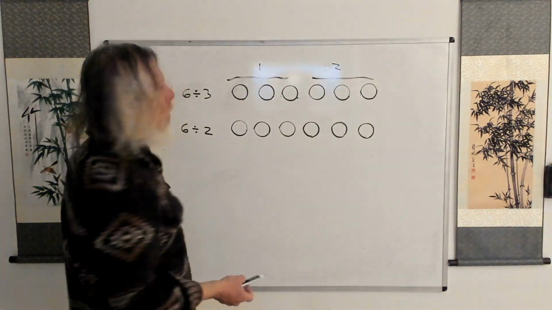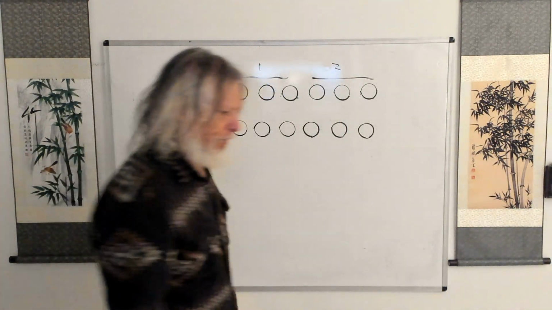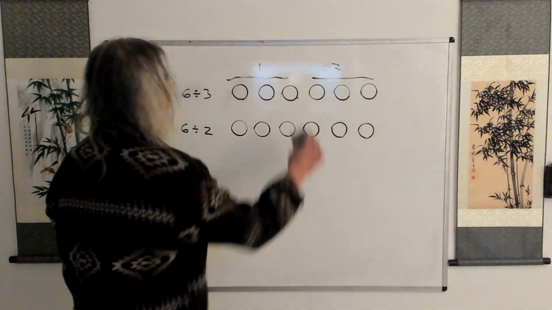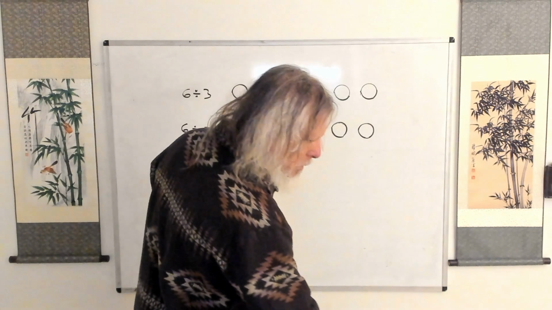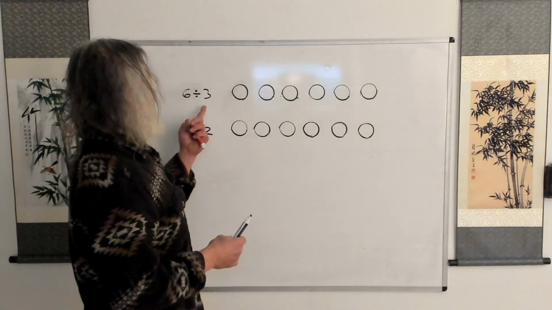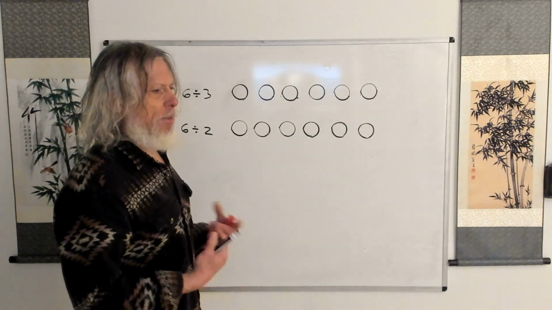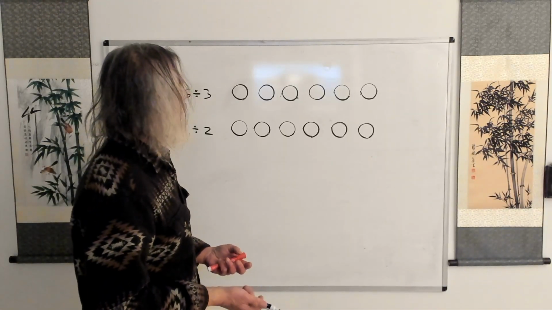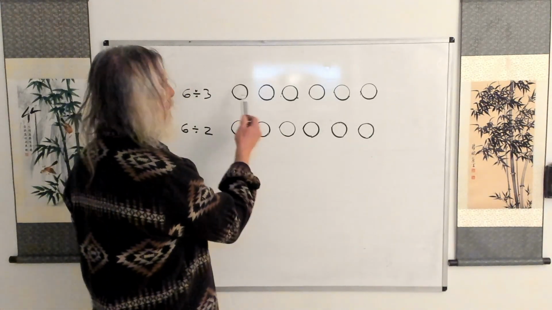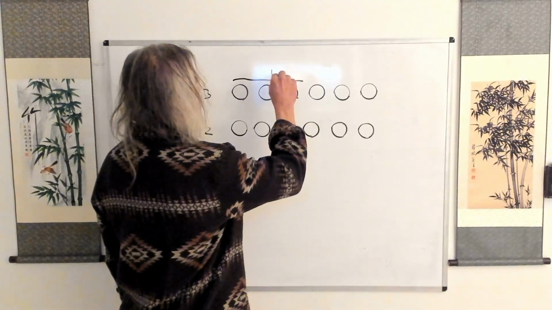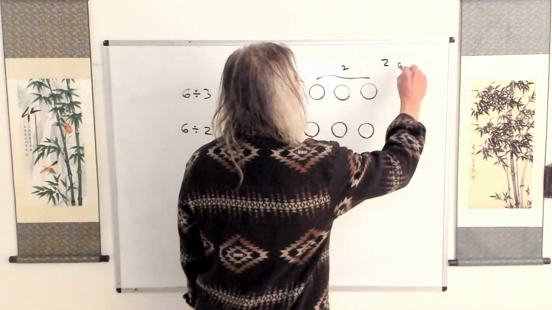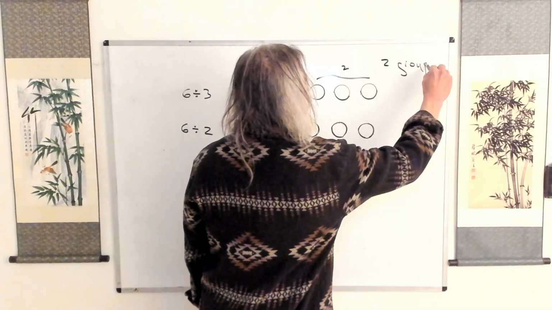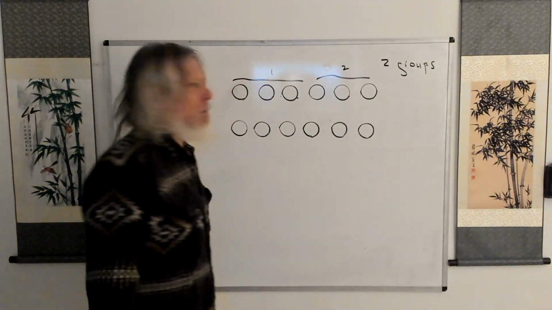Or we could think of this as three groups, how many things are in it. So this way, the first way we had, two groups. That could be one answer.